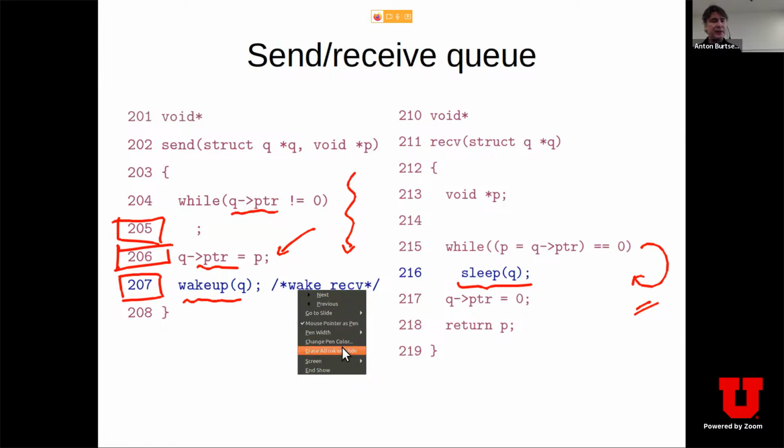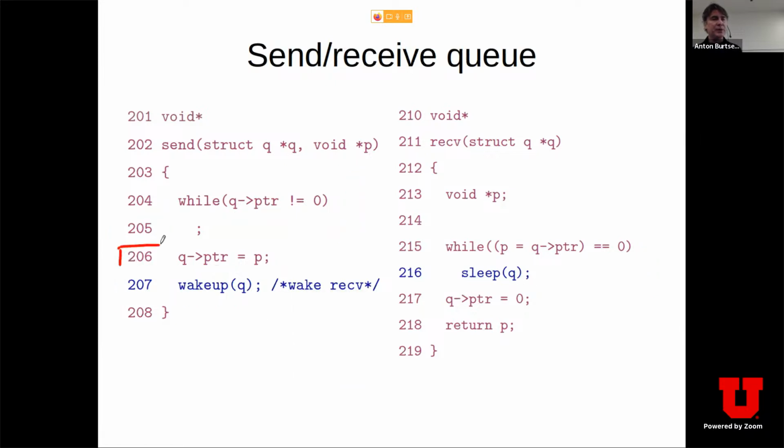Let me erase everything. So we're about to execute this line in this process. Meanwhile, the receiver says, okay, I'll check the queue status. It's 0, because this line has not yet happened. And I go into this while loop hoping that I will go to sleep.